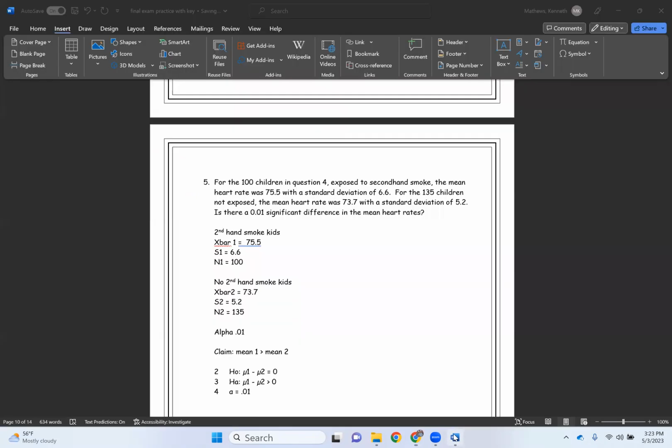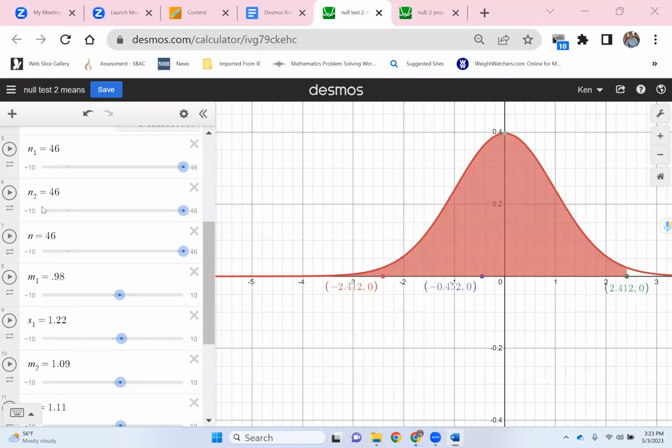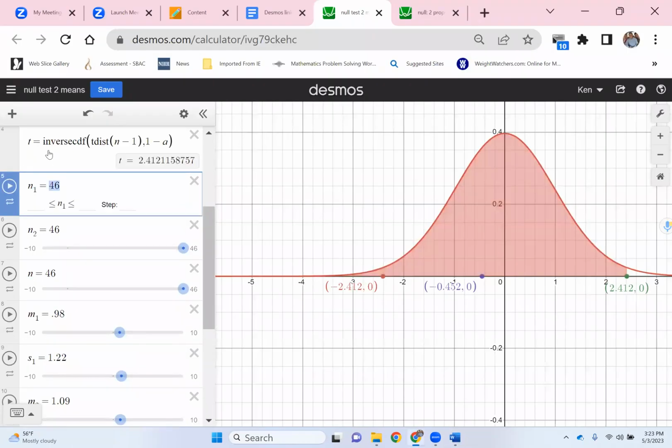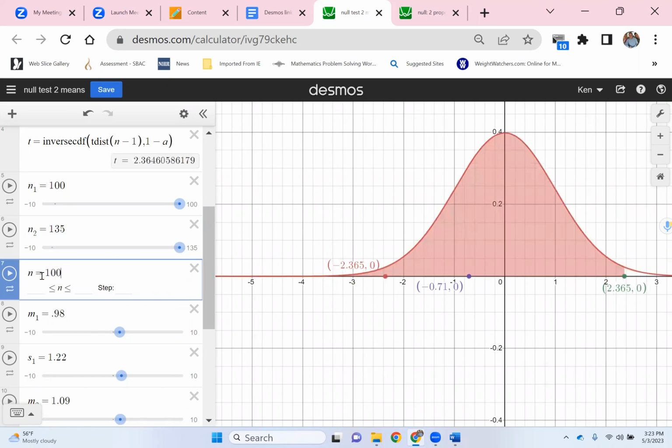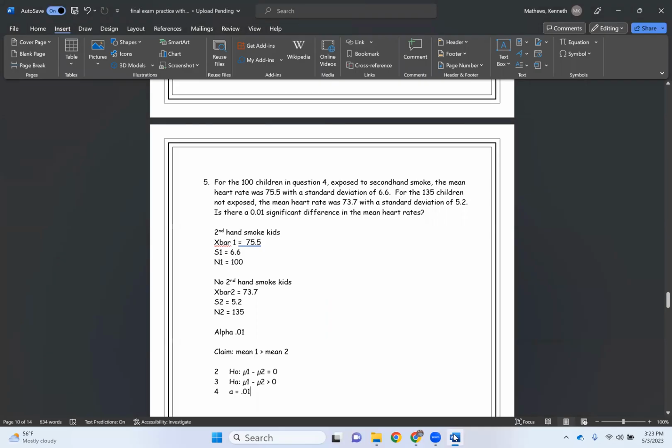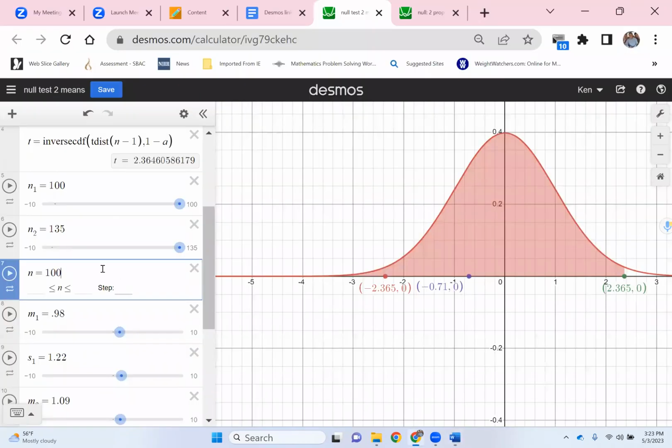N1 is 100, N2 is 135. That means N has to be the smaller of the two, 100. The first mean, 75.5.